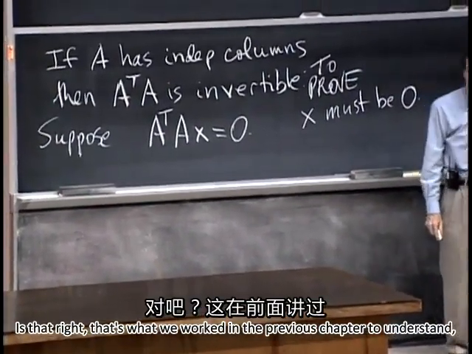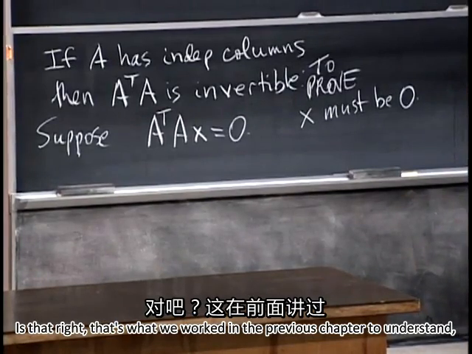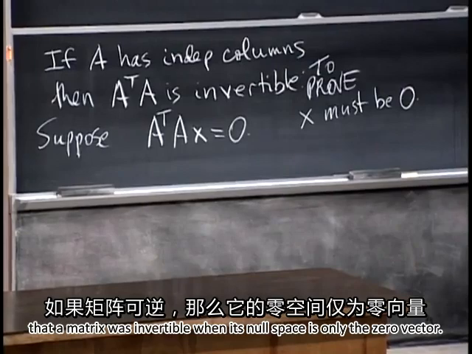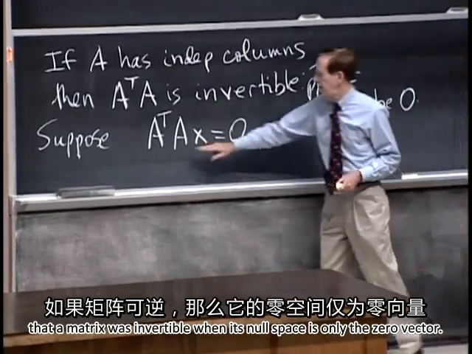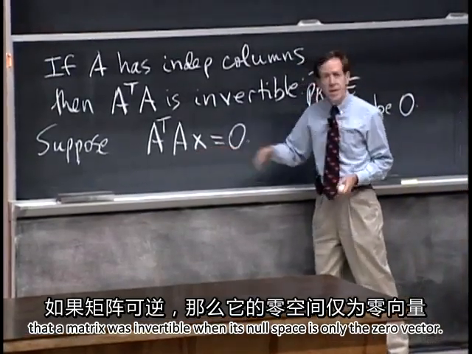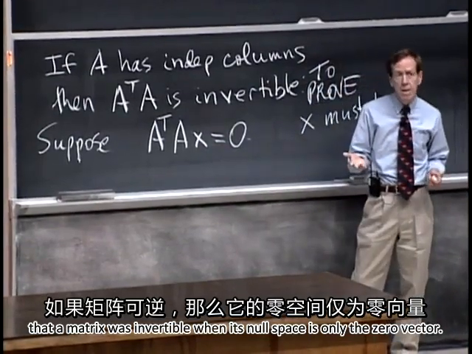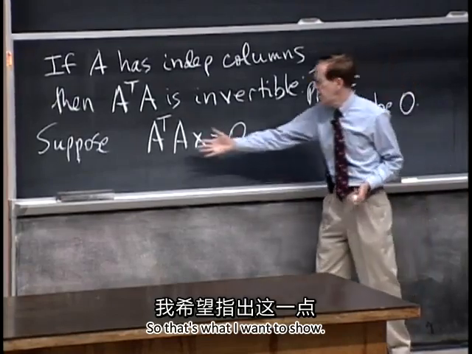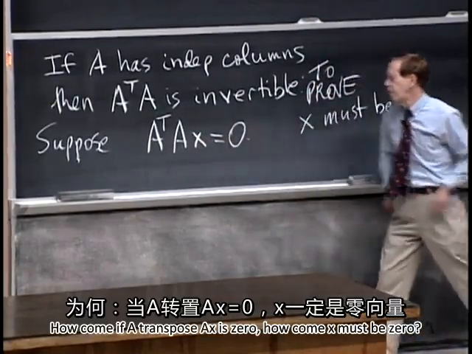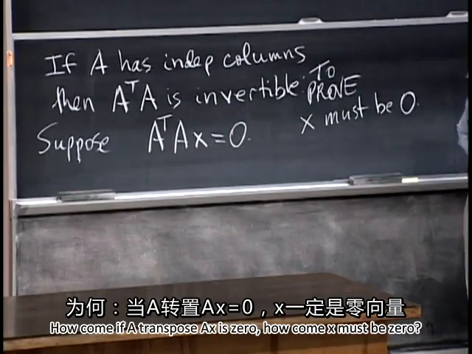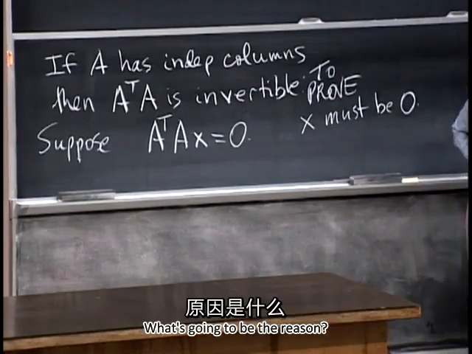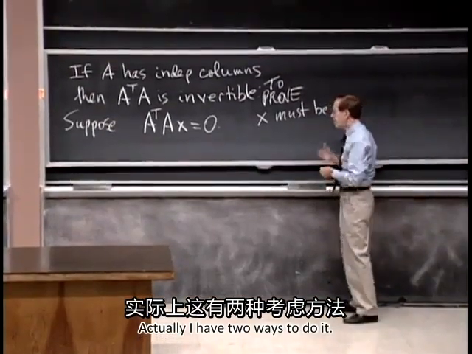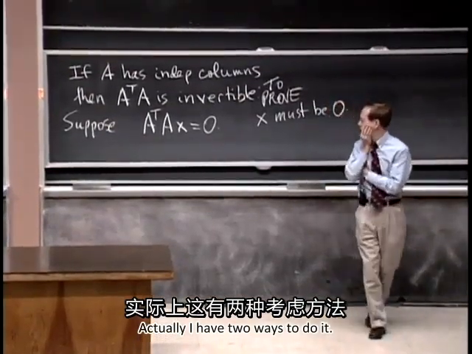Is that right? That's what we worked in the previous chapter to understand, that a matrix was invertible when its null space is only the 0 vector. So that's what I want to show. How come, if A transpose A x is 0, how come x must be 0? What's going to be the reasoning? Actually, I have two ways to do it.